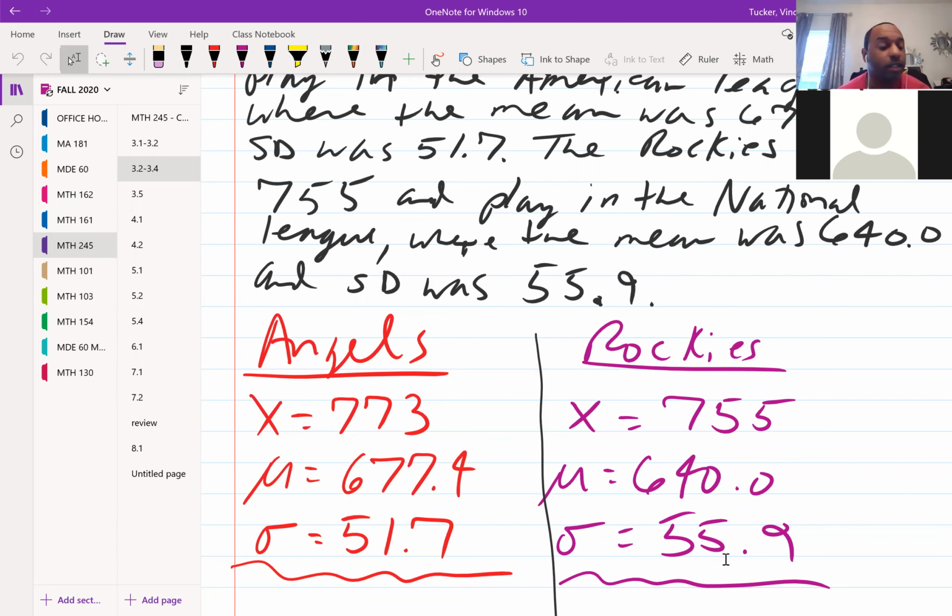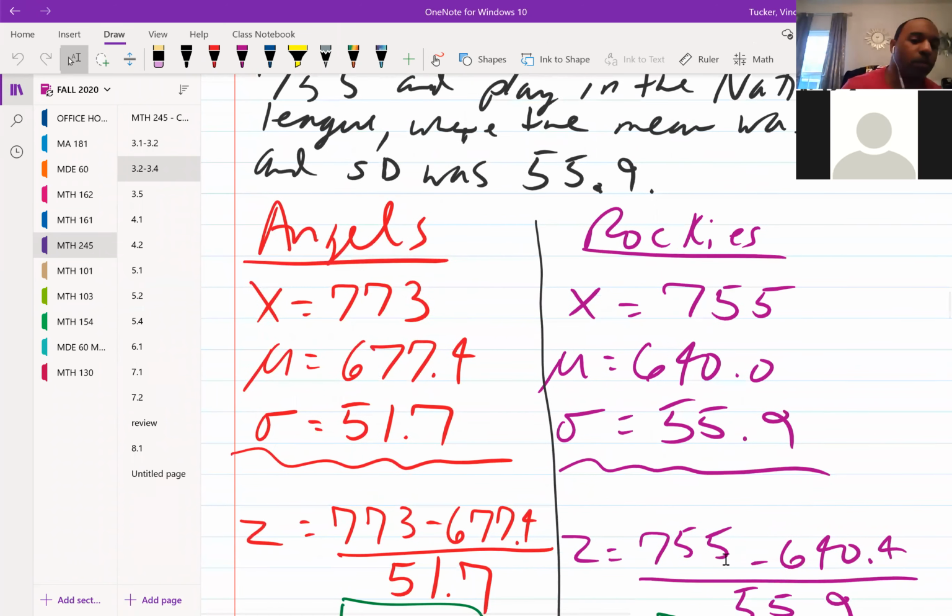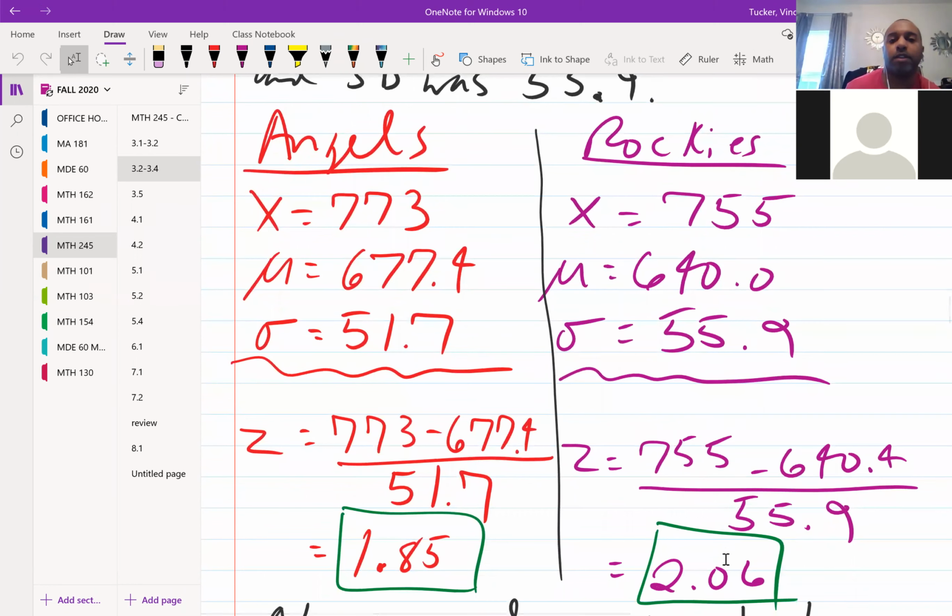Then for the Rockies, 755, how many runs they scored. 640 is the average, 55.9 is your standard deviation. So we're going to find the z-score for each.